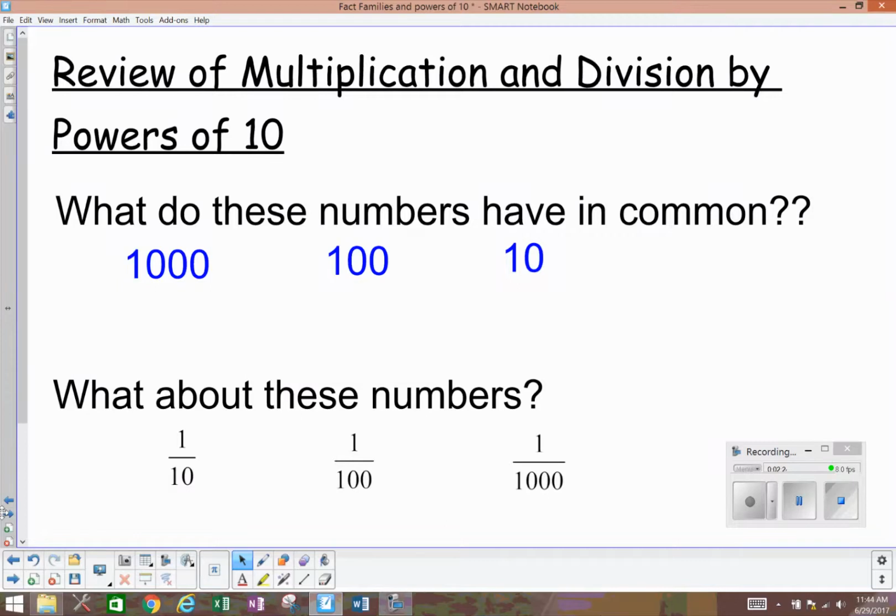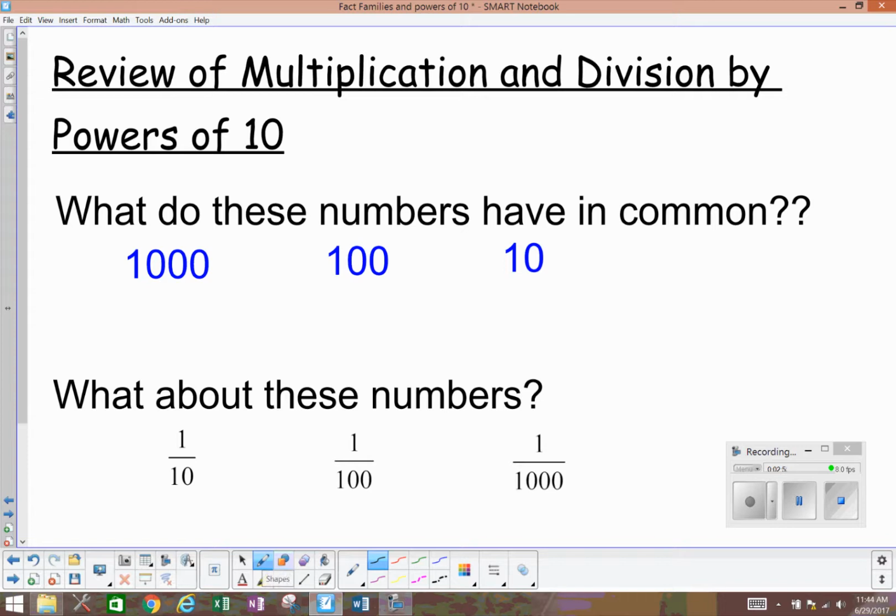Another concept from your past that you may remember is dealing with powers of 10. Now, before we get into the multiplication and division by powers of 10, let's take a look at the numbers 1, 10, 100, 1,000. What do these numbers have in common? Well, these numbers are all powers of 10.